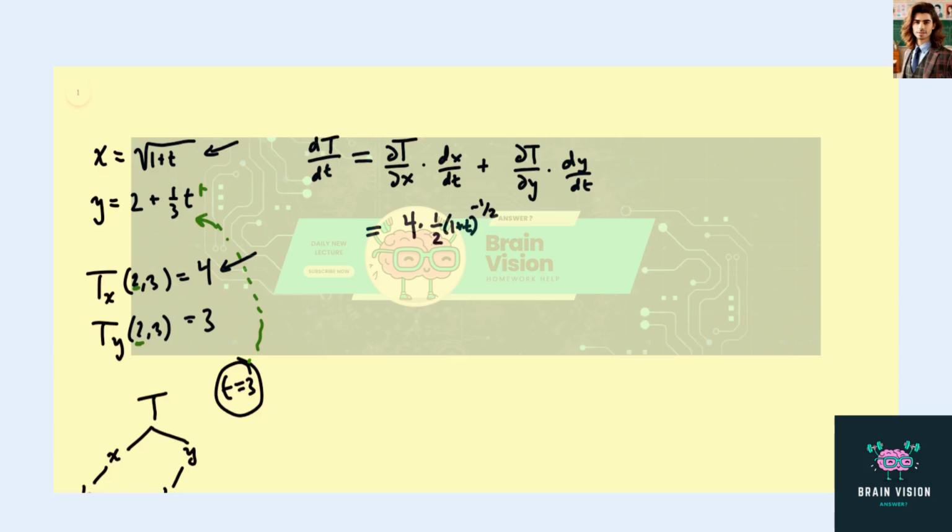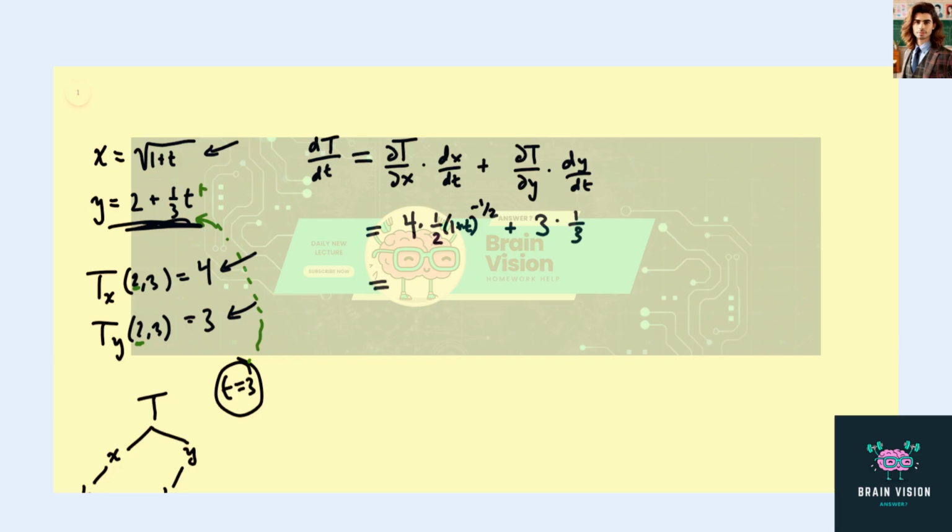We should do the chain rule, but in this case, the inner derivative, the derivative of 1 plus t, is just 1. Good. So plus partial of T by y, again, is given. That's 3. And dy/dt, this is a little easier. We can just glance at y here, and the derivative of that with respect to t is just 1/3.